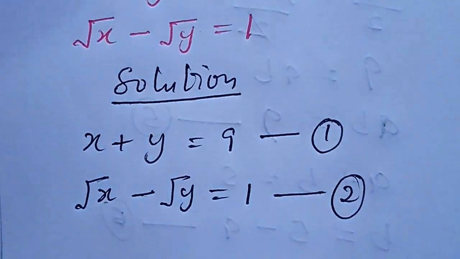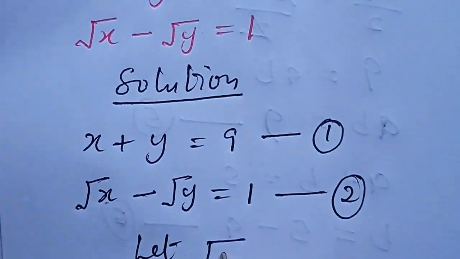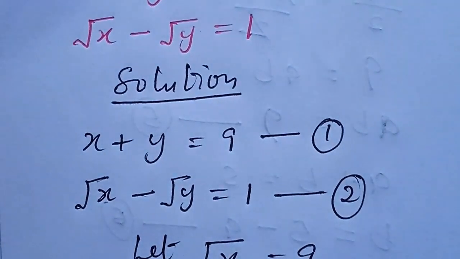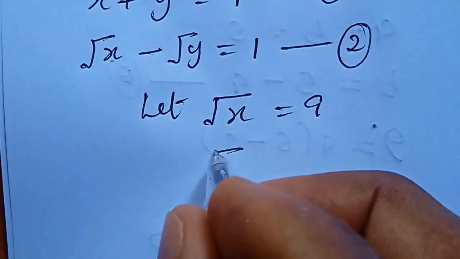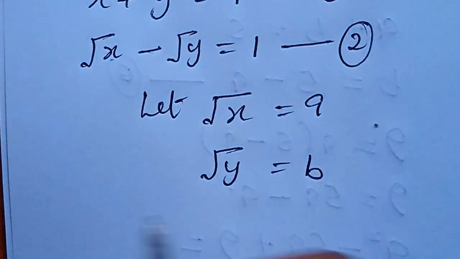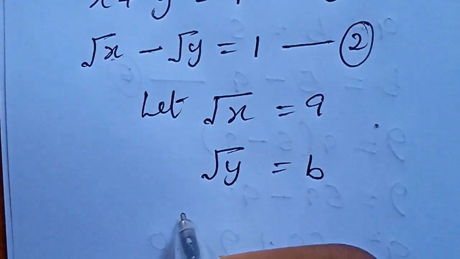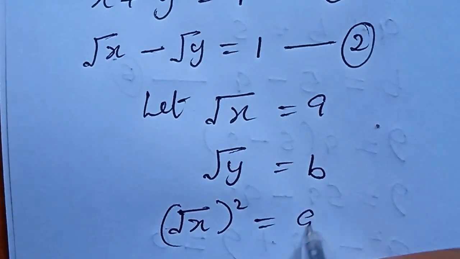So what we do now is let square root of x equal to a. Then square root of y equal to b. If we square both sides, we have square root of x squared equal to a squared.